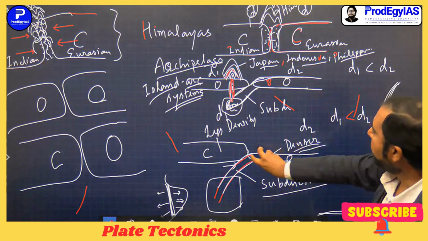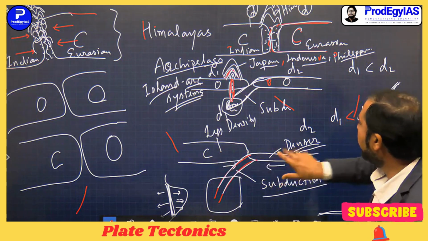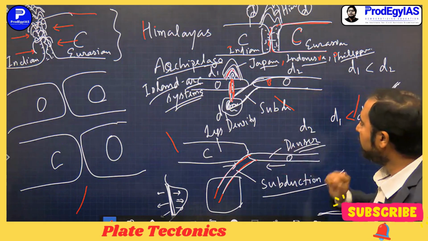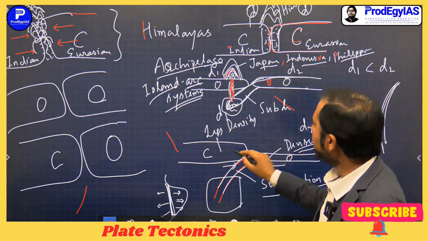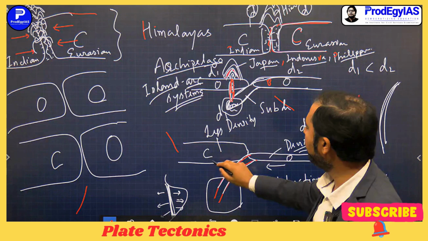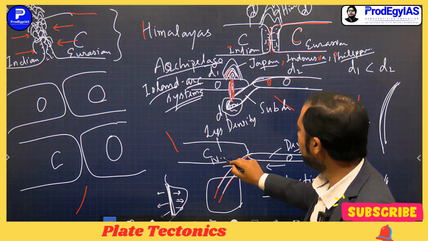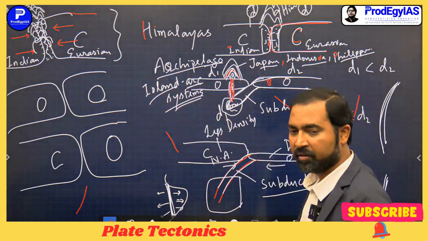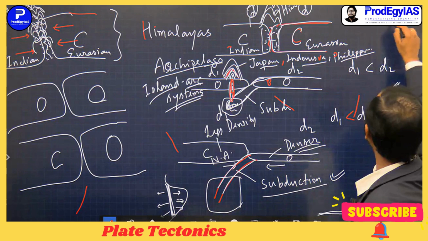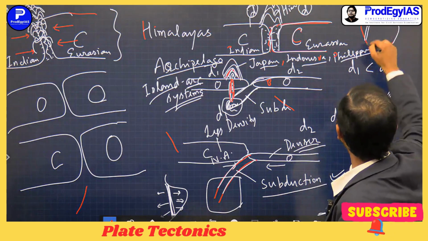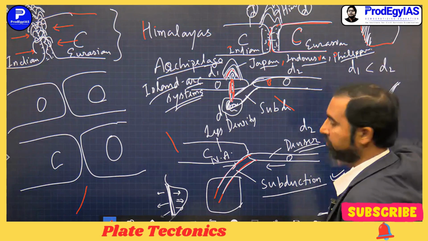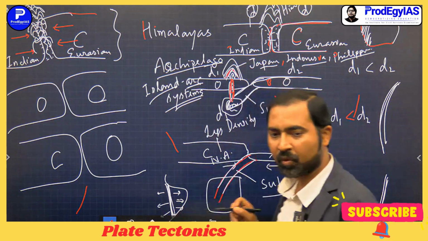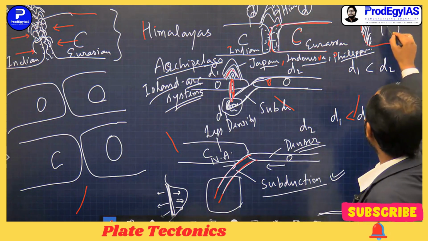And in this type of collision, where there is a continent and there is an oceanic plate, what will happen here? The same thing. You can see this is the example of the North American plate, this western part, where there are the Rockies.